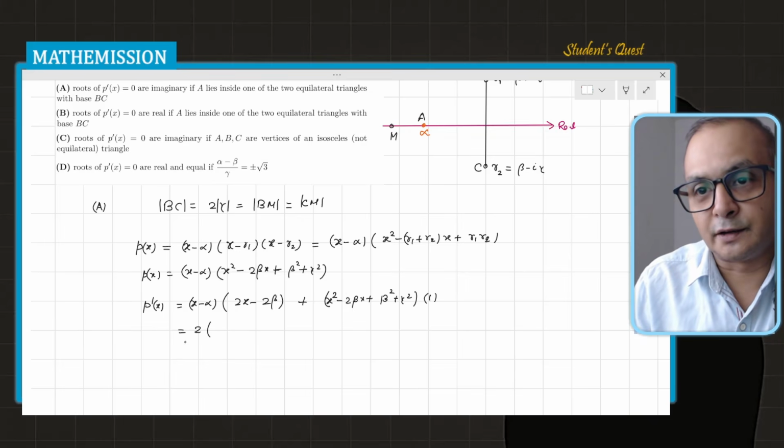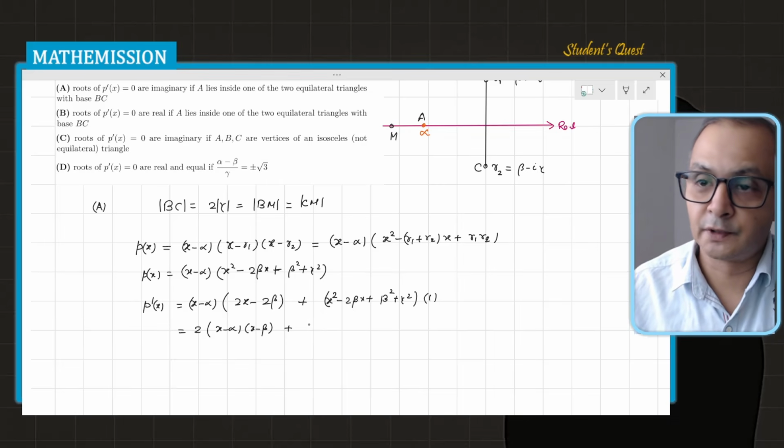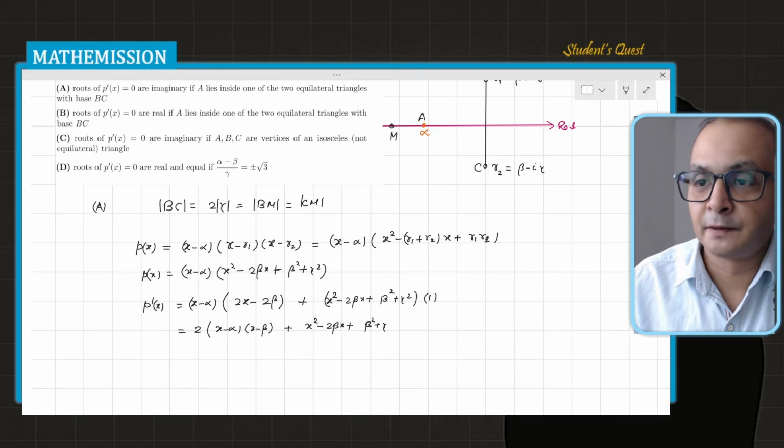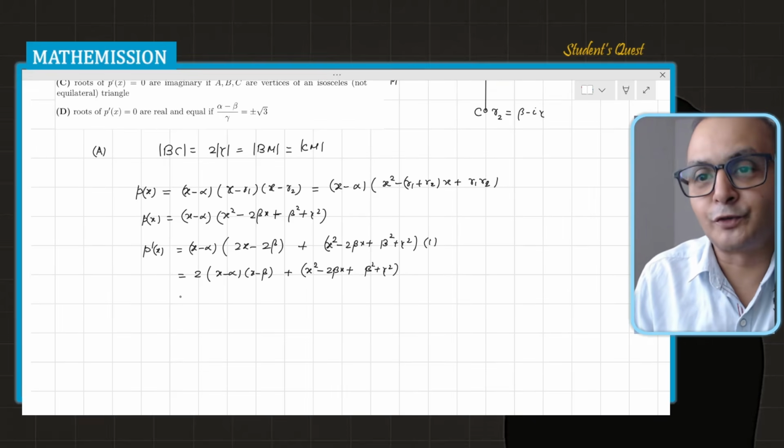This 2 you can take out, and this is nothing but x minus alpha, x minus beta. Remember, beta is the real part of one of the roots. Now this is x square minus 2 beta x plus beta squared plus gamma square. I can guess something wonderful is going to happen.